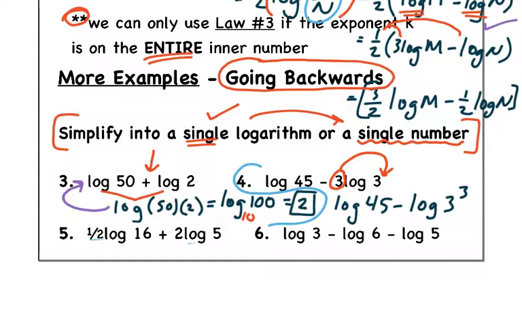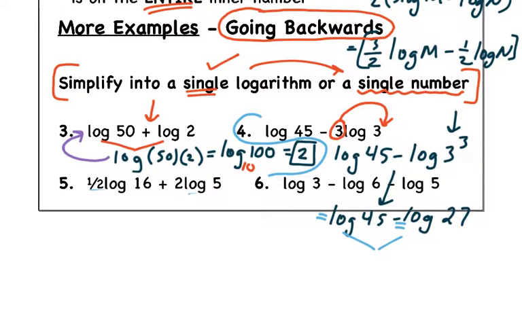So I can still change this into division if I want, but I really want to just simplify the 3 cubed, which I think I know is 27, right? So come on down here. How about log 45 minus log of 27, which is, okay, now the fronts of the logs are clear, so now I can smush these together into one single log. 2 logs subtracted smush into one single log, and I divide just what's inside the logs.